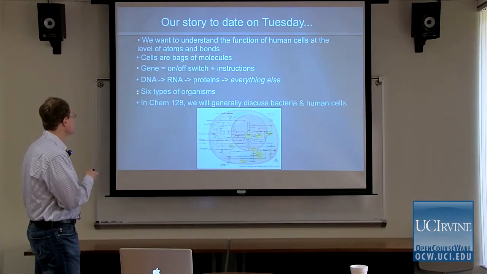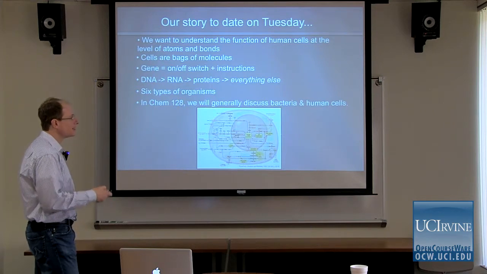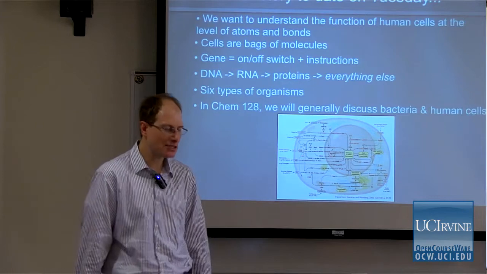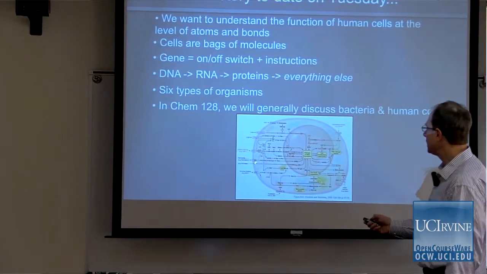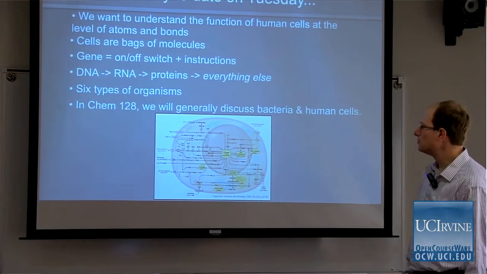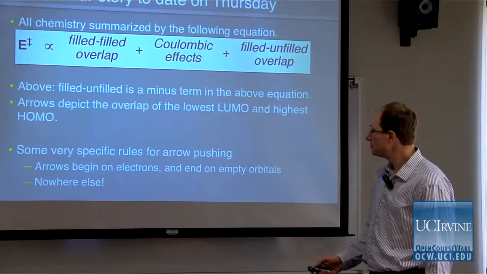We also discussed 6 types of organisms, but in this class, we're going to be generally talking about either bacteria or human cells. Okay, and it turns out there's a lot of chemistry in just bacteria or human cells. So our goal this week is to reduce the complexity of diagrams like this down into a few rules that chemists like ourselves could understand.